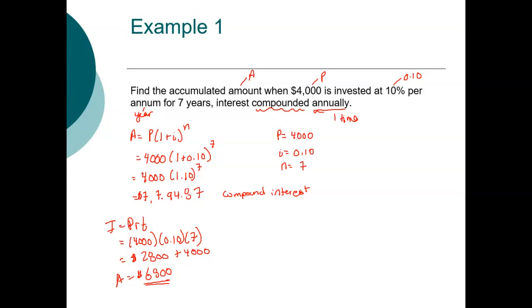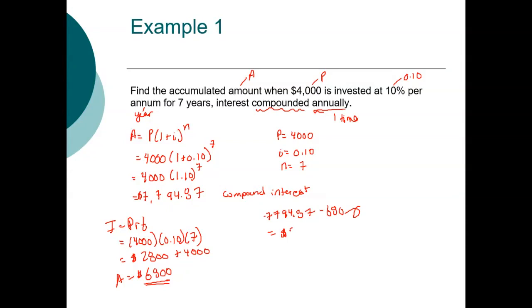So if I just invested this using simple interest, I'd only make $6,800. But using compound interest, I've made $7,794. So which one's better? For sure compound, but by how much? We can take our compound amount, 7,794.87, and take away 6,800.